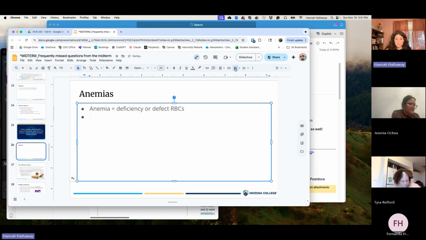Red blood cells deliver oxygen, so all anemias are going to cause hypoxia, meaning low oxygen delivery to tissues, a little different from, but related to, hypoxemia. That means that all anemias have signs and symptoms that are related to hypoxia.